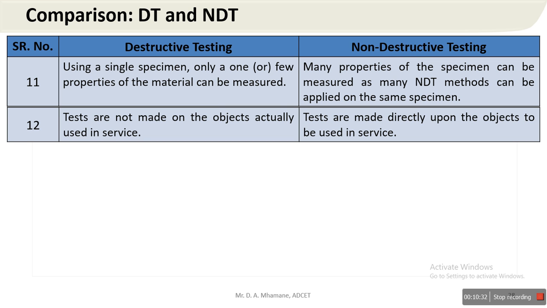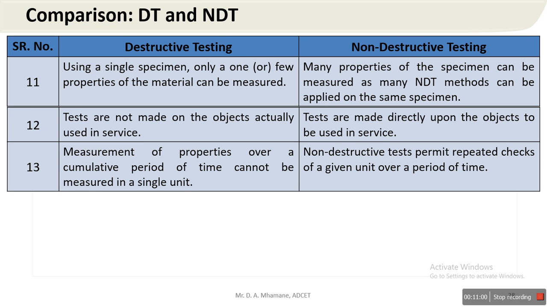So the same component which is in the assembly we can check with the help of non-destructive testing. So here the test is not made on the object actually used in service. So the object which is already used in service, that can be evaluated, that can be inspected with the help of non-destructive testing methods.